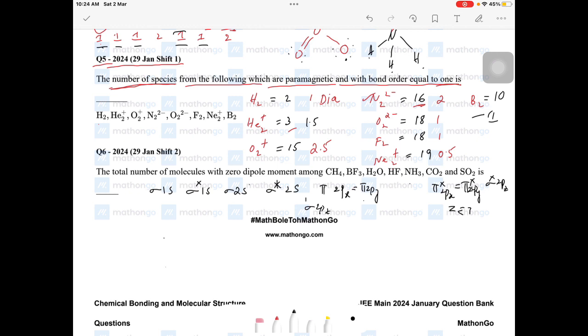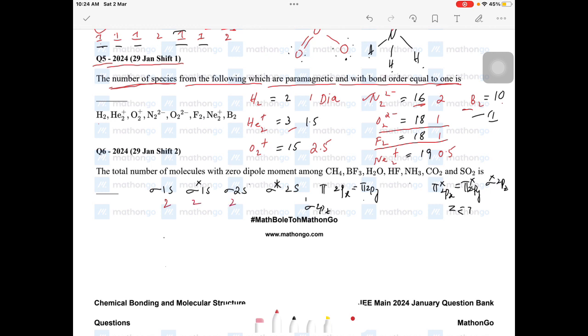Now the bond order 1 species are O2 2 minus, F2 and B2. We'll check with 10 electrons: 2, 4, 6, 8, 9, 10. So B2 will show paramagnetism with bond order 1.